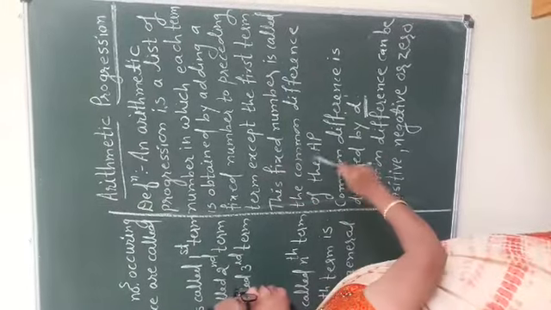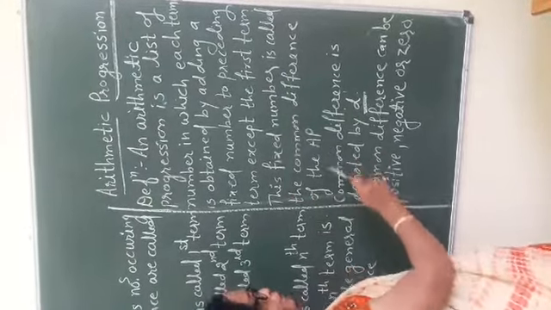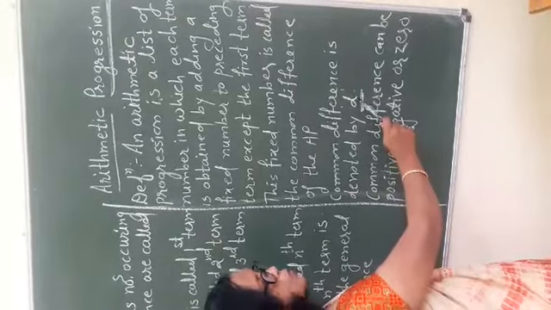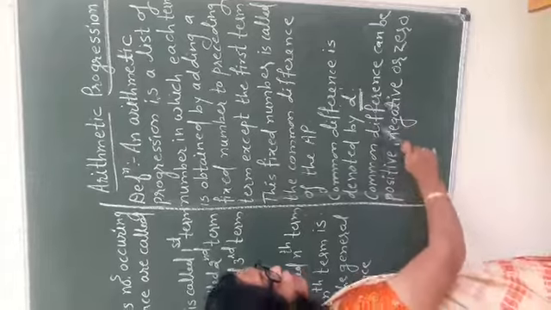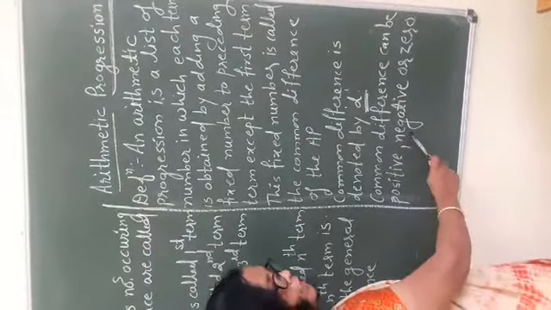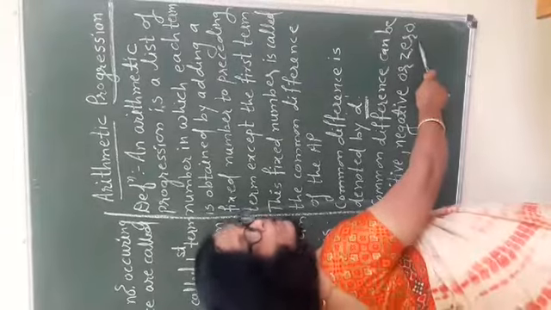Arithmetic progression in short we call AP. Common difference is denoted by small d, and the common difference can be a positive number, a negative number, or also zero.